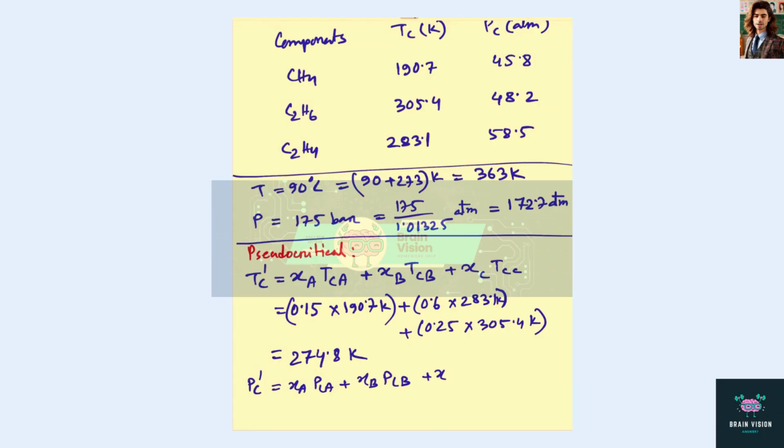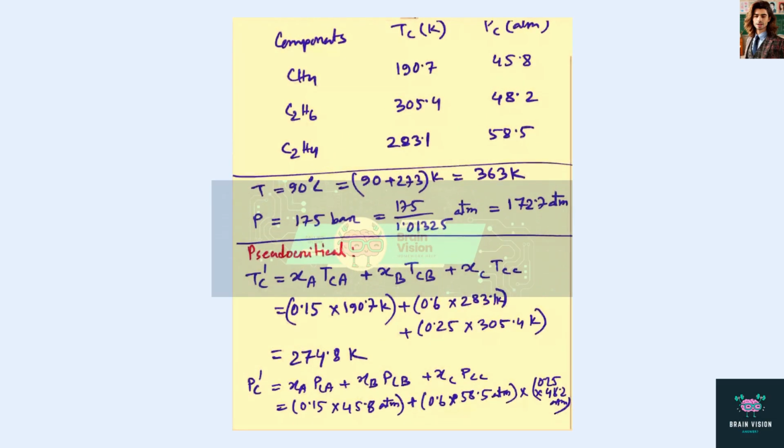And similarly we need to calculate the pseudo-critical pressure. Again we can use Kay's rule. The critical pressure of methane is 45.8 atmospheric pressure, of ethylene it is 58.5 atmospheric pressure, and for ethane it is 48.2 atmospheric pressure.